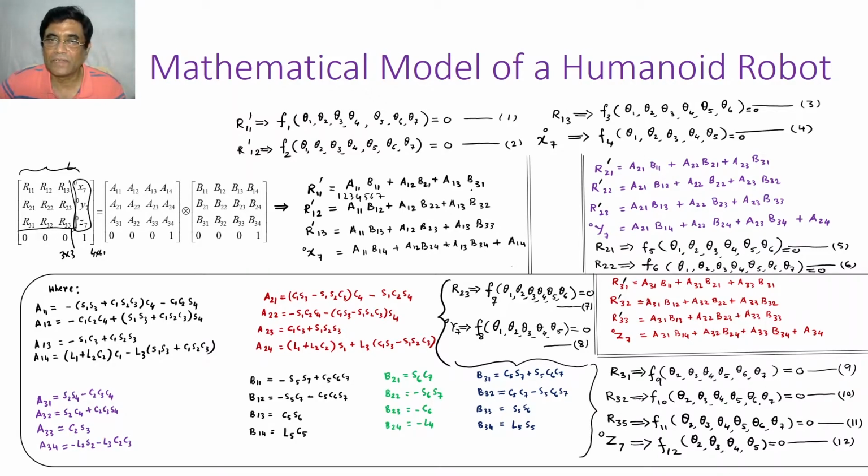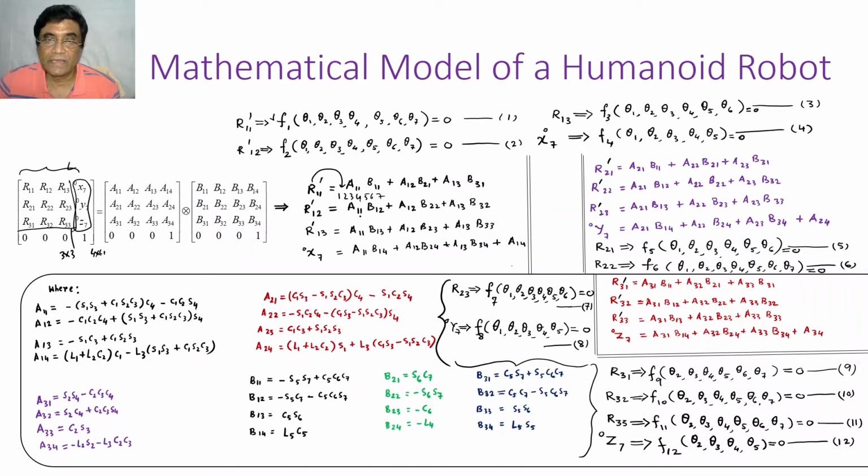So I don't have to calculate all this again, because this will be a function of 7 variables, theta 1 through theta 7. Bringing it to this side with a minus sign, I develop that function and call it equal to 0. You understand? Bringing it here with a minus sign, I am calling this function f1.